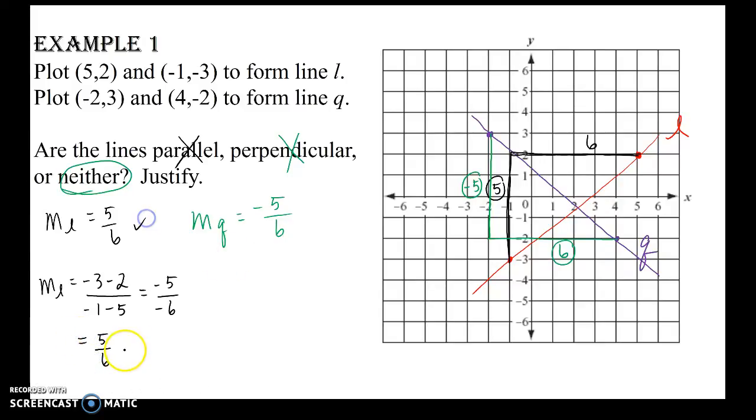So we verify the answer that we already got. Now for Q, the slope of line Q, change in y, -2 minus 3, divided by the change in our x values, 4 minus -2, -5 over +6. So it verifies the answer that we got using the slope triangles.